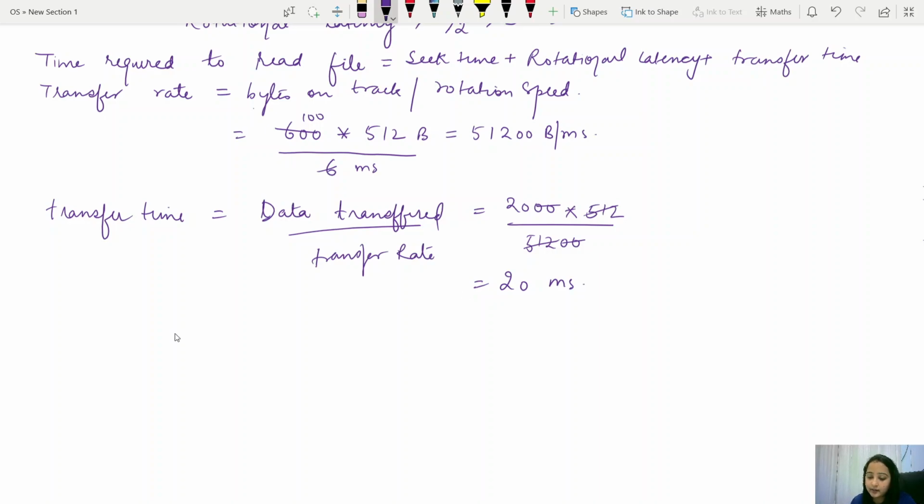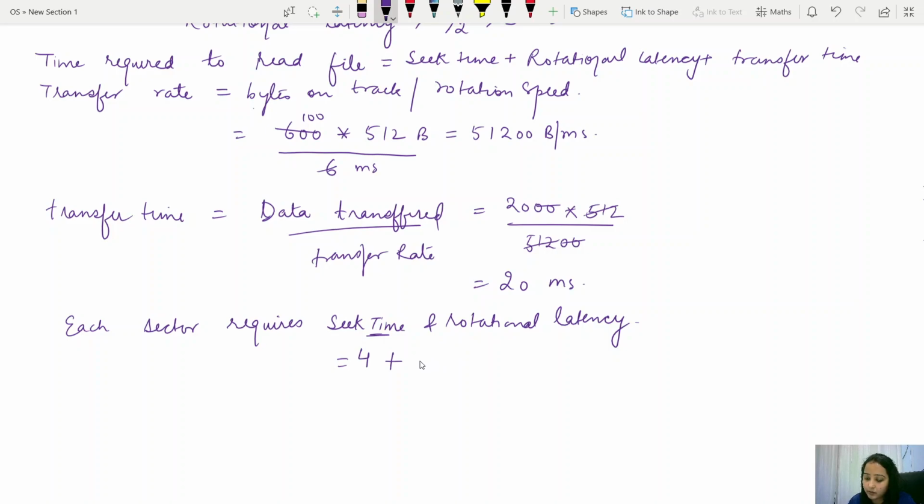Now each sector requires seek time and rotational latency. It is given that each sector requires seek time and rotational latency, so I simply add both. Seek time is 4 plus rotational latency, 6 divided by 2 is 3, so it will be 7 milliseconds.